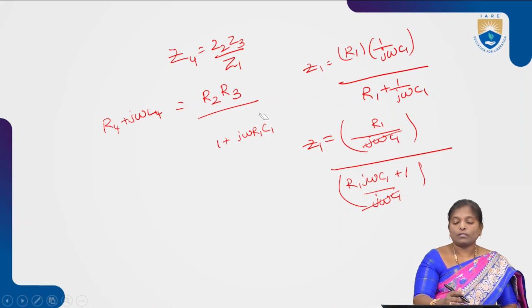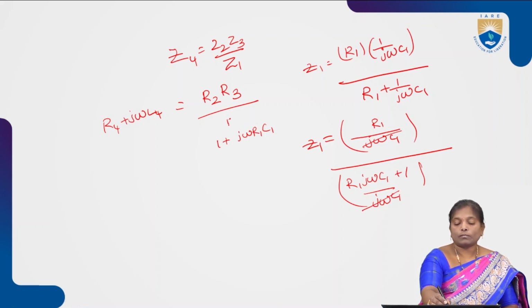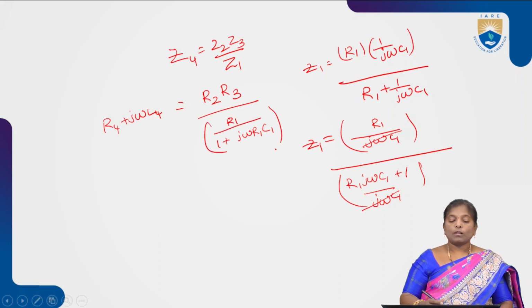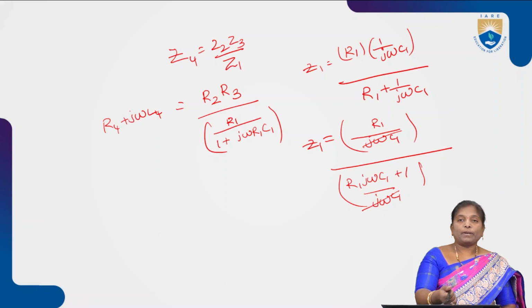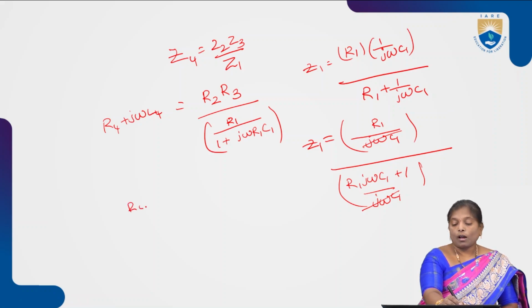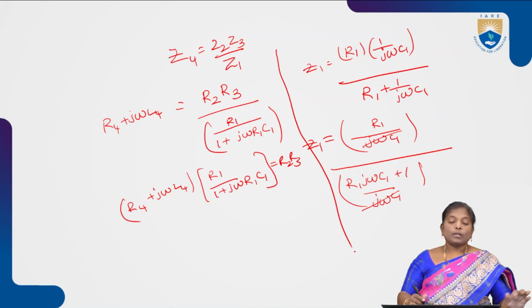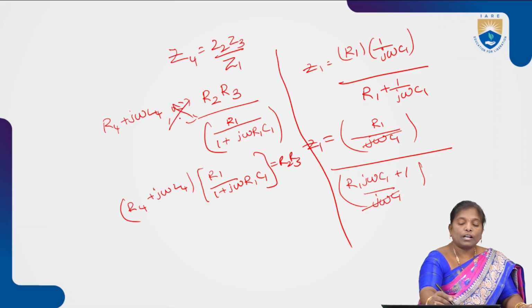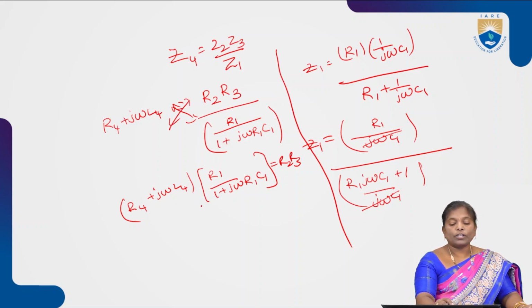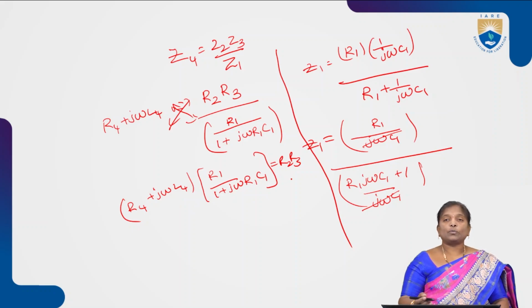Now, in place of R1, cross multiply this equation. Then we have R4 plus j omega L4 into R1 by 1 plus j omega R1 C1 equal to R2 R3.